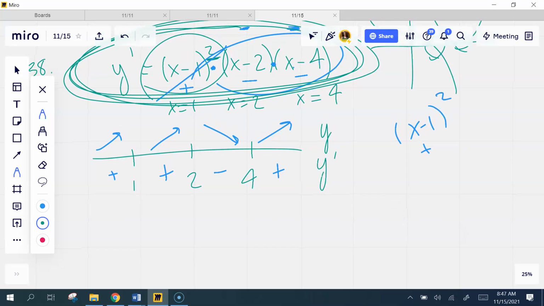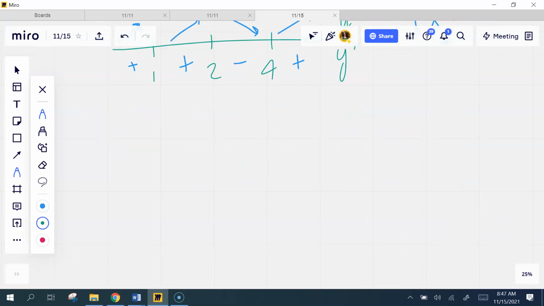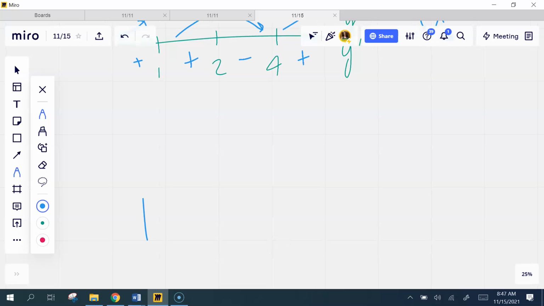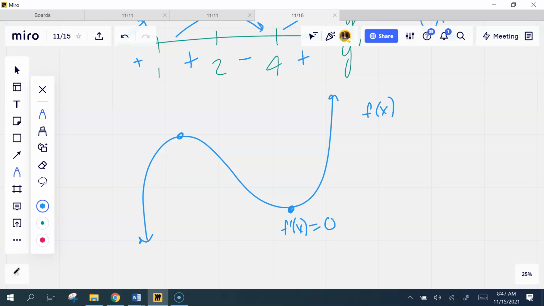Okay, think about this with me for just a minute. If this is f of x, what's true about the derivative here? The derivative is 0 at these maxes or mins.